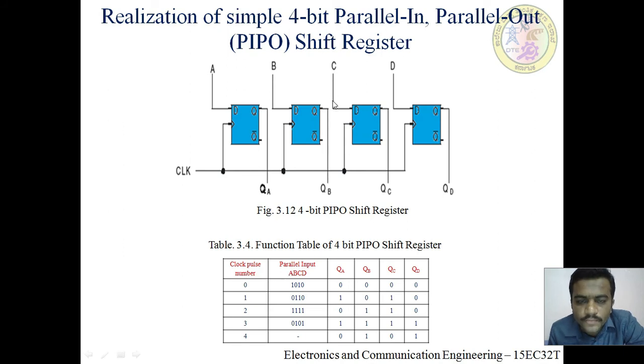The value of C, that is 1, is shifted to the output line QC. The value of input D is shifted to the output line QD. Hence, the 4-bit binary value 1010 will be loaded into the shift register simultaneously on application of the first clock pulse, and this input value will also appear at the output of the individual flip-flops.